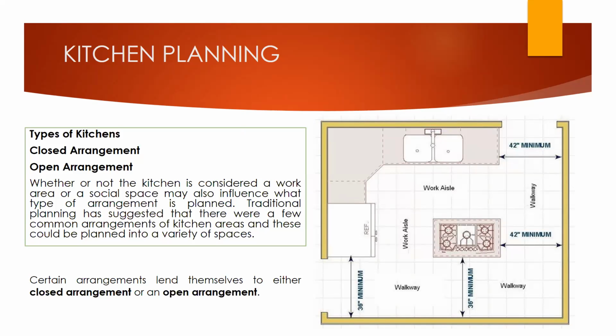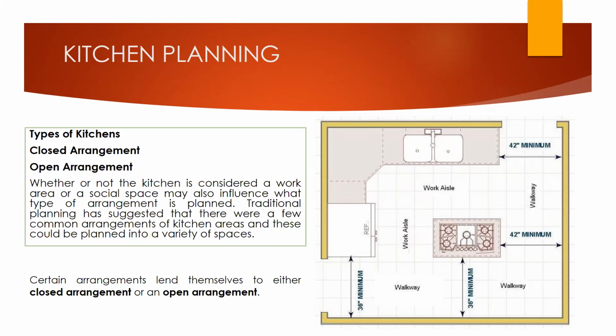I talk about the way we organize, we arrange the kitchen, the layout. In this book, they don't use the name layout. I think it's more technical. They call it arrangement. So there are two kinds of arrangement: one is called closed arrangement for the kitchen, and the other is open arrangement.